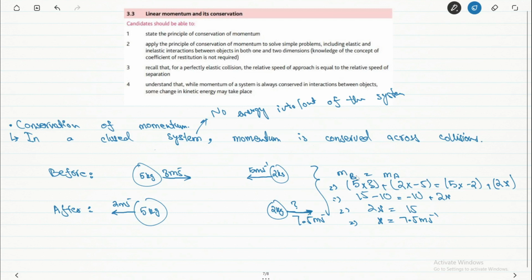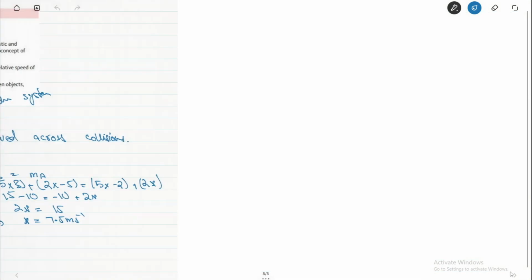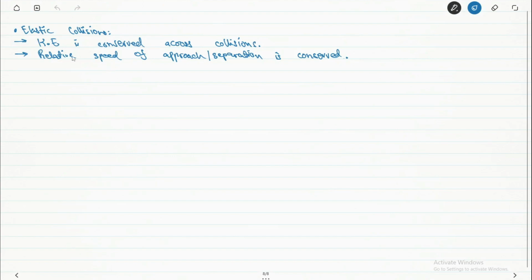So now we are done with these basic formulas, and the nuances will be dealt with in the next videos of past papers topicals. The next thing you need to know is elastic collisions. Elastic collisions occur when the sum of kinetic energy of all the objects colliding in a system is the same before and after the collision.